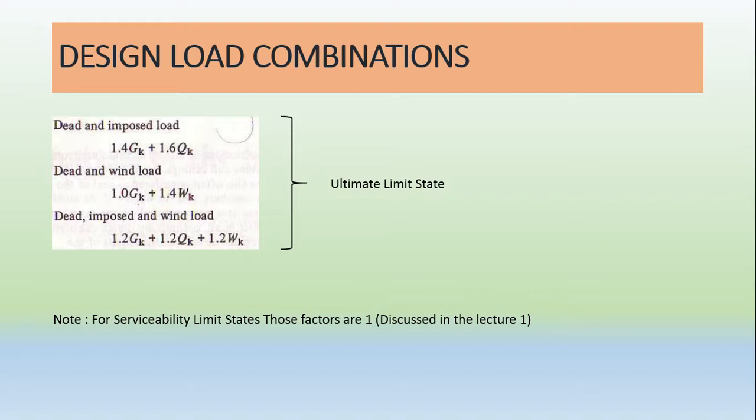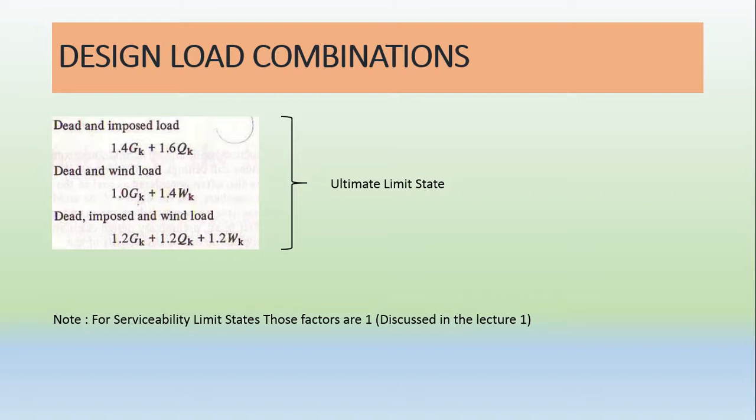You know that dead load means the weight of the structure, and imposed load is the weight of partitions and so on; maybe those are permanent loads. Dead load means you can take the weight of the structure, that means the weight of the section.